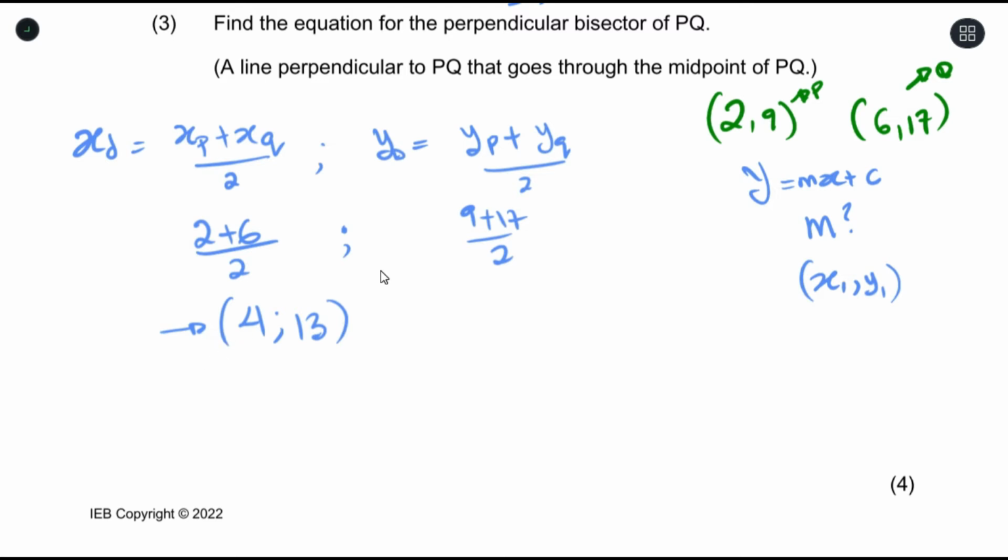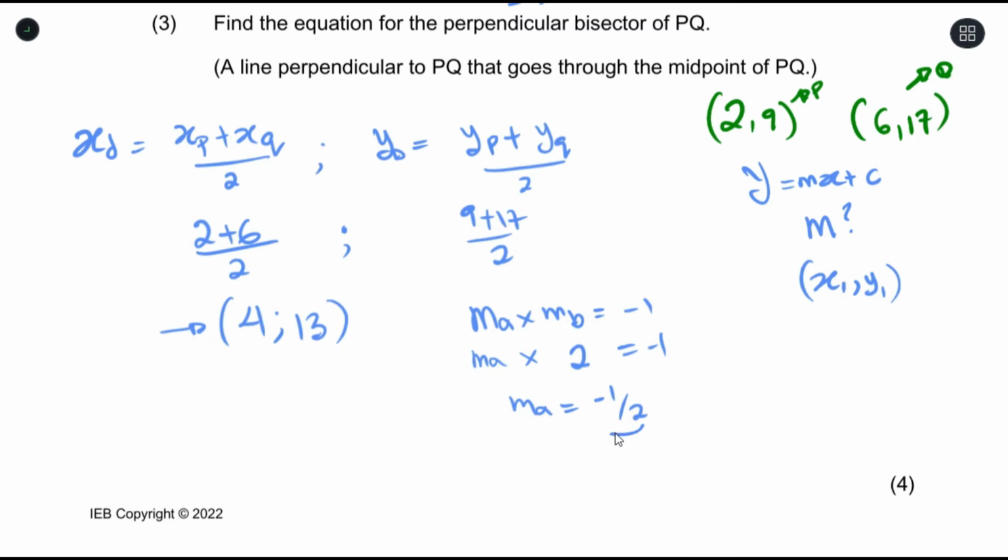Now, because it's a perpendicular bisector, we understand that the product of the gradients of perpendicular lines normally multiply to give you -1. So if the original gradient of PQ was 2, the perpendicular line will be -1/2.